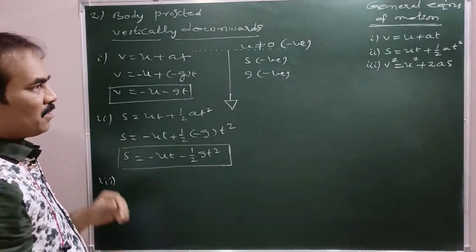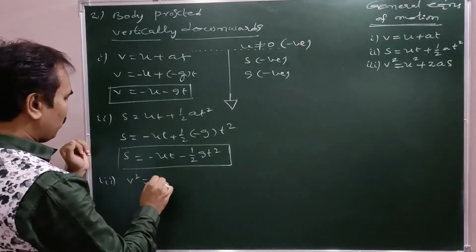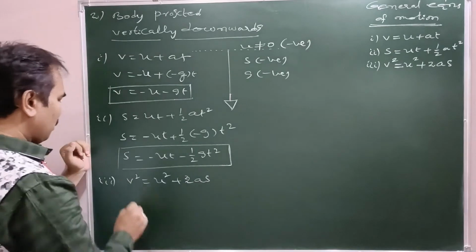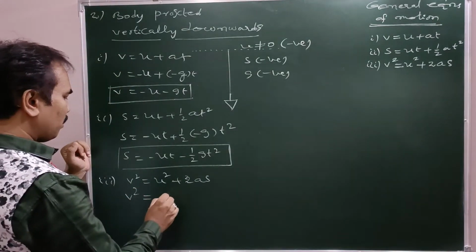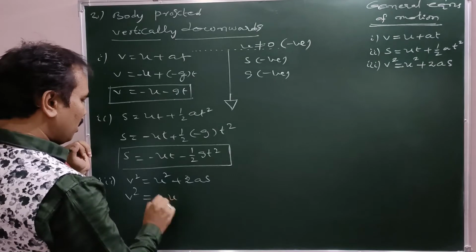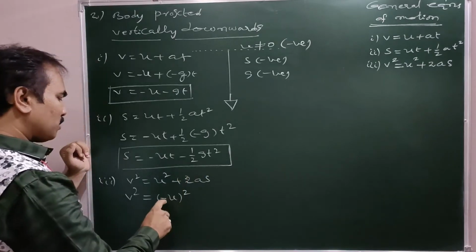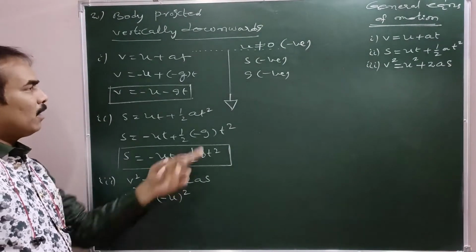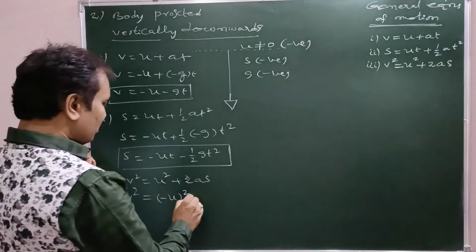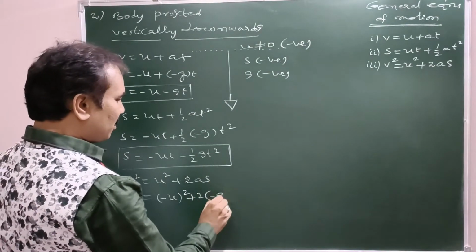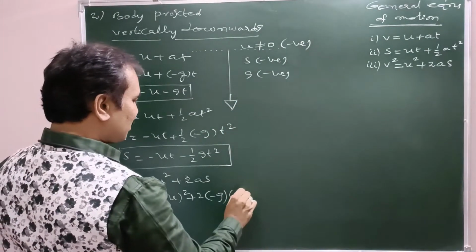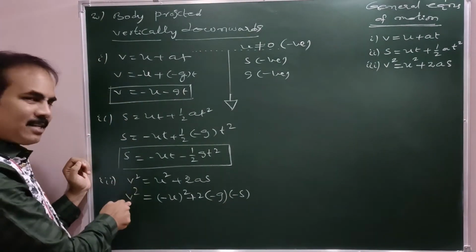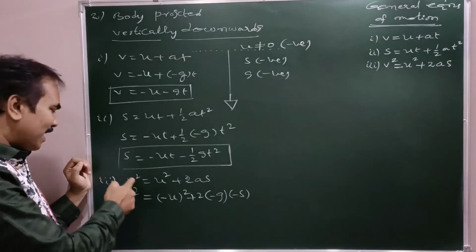Now the third expression: v square equals u square plus 2as. Here u is negative and non-zero, so minus u, squared, which of course becomes plus u square, but as per sign convention u is negative and non-zero, plus 2 into a, meaning minus g, into s, which is minus s. Of course v is also negative, but if it is made the subject, it becomes an unknown quantity, so don't take a negative sign for v square.